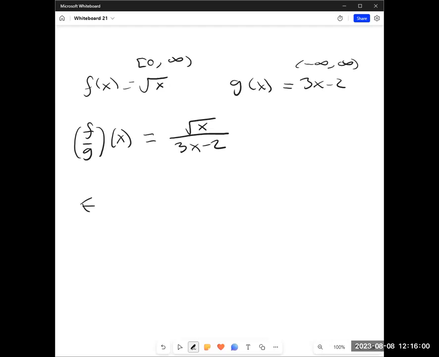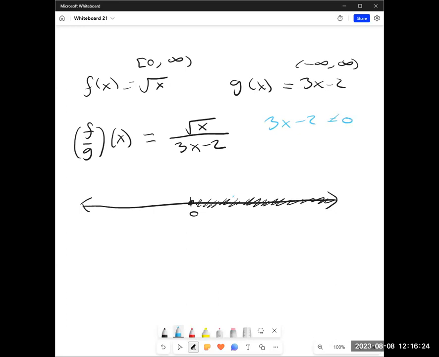So let's look on a number line here. Here's 0. And I need to have x be greater than or equal to 0. And on top of that, I need to make sure that 3x minus 2 is not equal to 0.